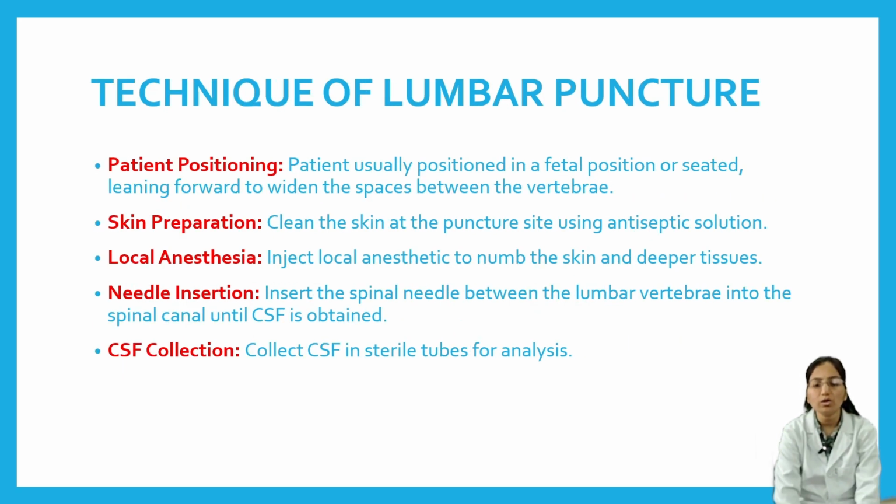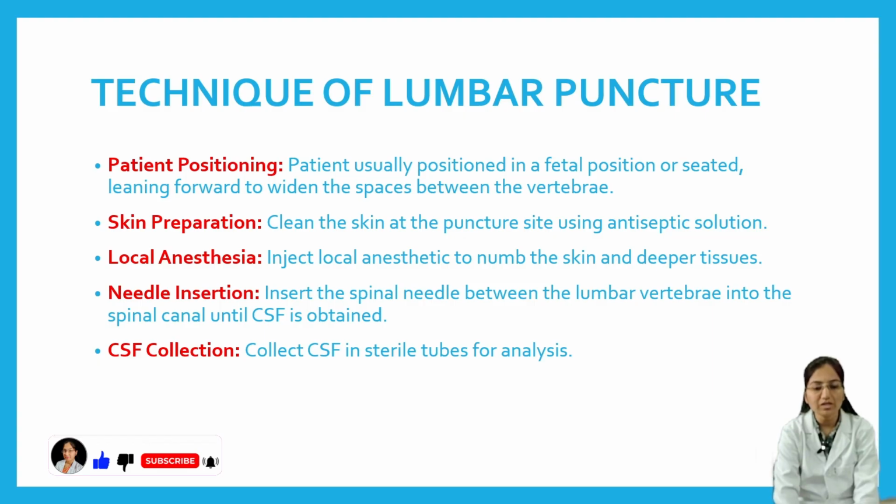Next, technique of lumbar puncture. In this, patient positioning: the patient is usually positioned in a fetal position or seated, leaning forward to widen the spaces between the vertebra. And the skin preparation: clean the skin at the puncture site using antiseptic solution.